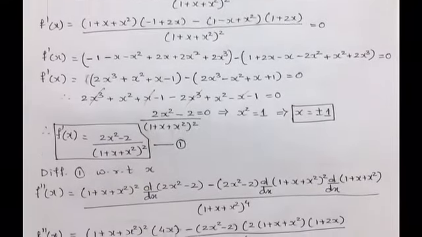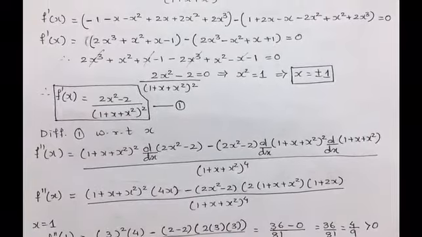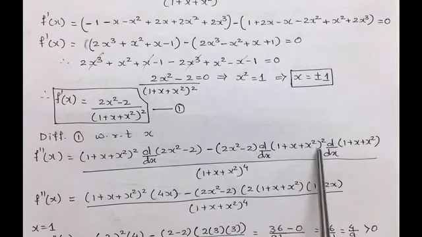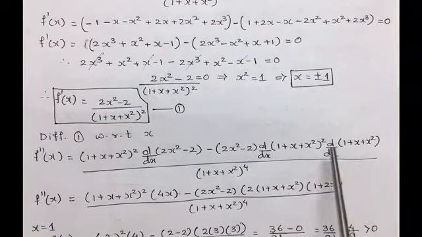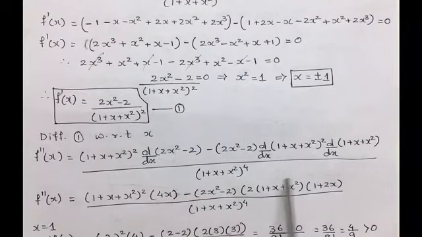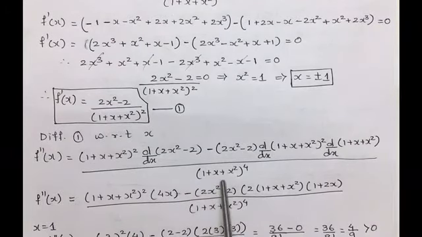So differentiating it with respect to x, again using the division rule, we'll get (1 plus x square) whole square as it is, d by dx of (2x square minus 2), minus (2x square minus 2) as it is, d by dx of (1 plus x square) whole square, that is a derivative of the power using the chain rule, then d by dx of (1 plus x square), whole divided by (1 plus x square) raised to the power 4.